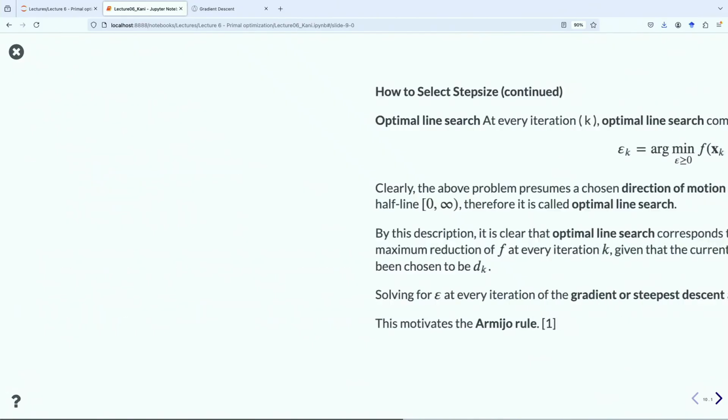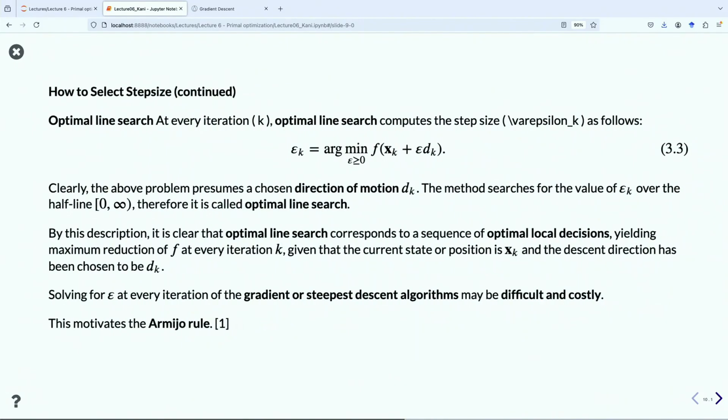We're going to discuss one of them today, and when we discuss PyTorch optimizers, we'll discuss more adaptive step size stuff later on. Okay, so choosing a constant step size isn't ideal. But what can we do to find the ideal step size?